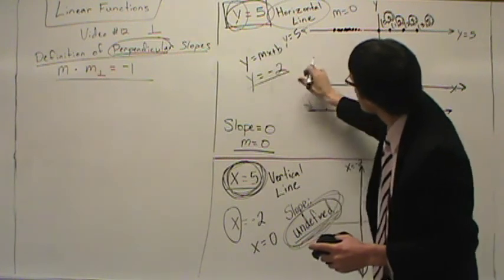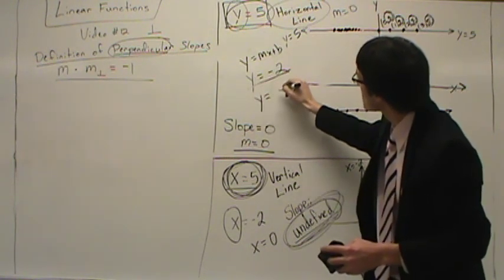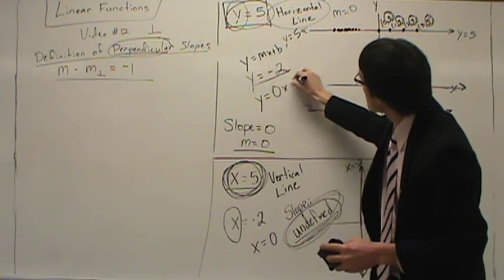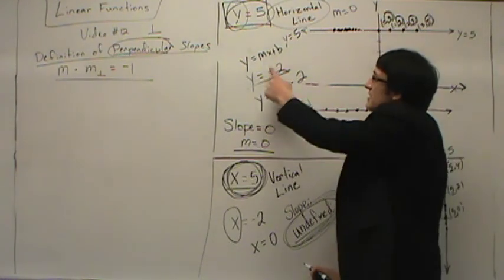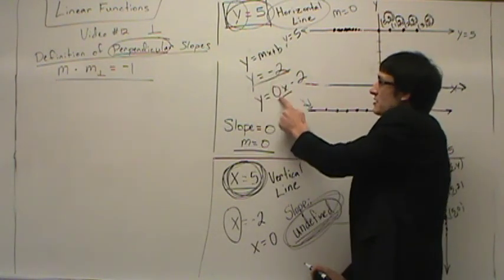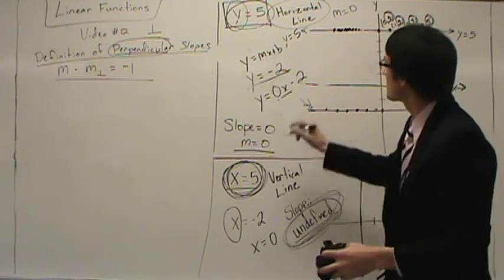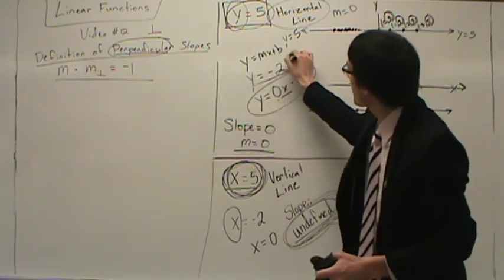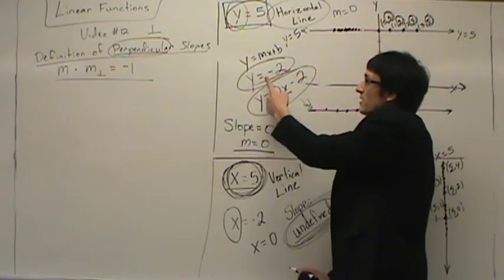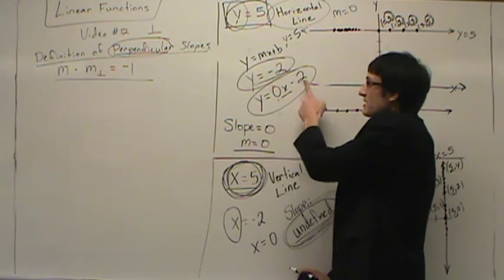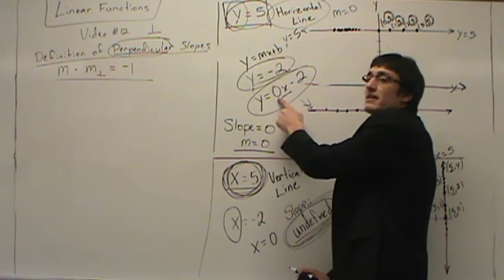So you can think of the line y equals -2 as being y equals 0x minus 2. Notice that there is no x. And so we can see that the slope is what? The slope is 0. Remember that m, or the slope, is the value in front of x. So if we write the equation of the line y equals -2, it looks very similar to slope-intercept form. We can write it as y equals 0x minus 2 and see that a horizontal line has a slope of 0.